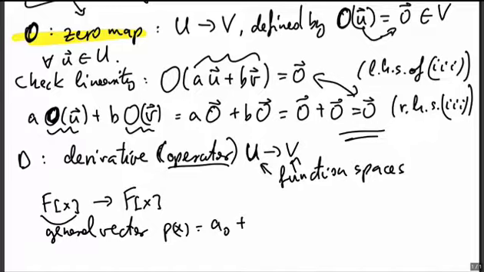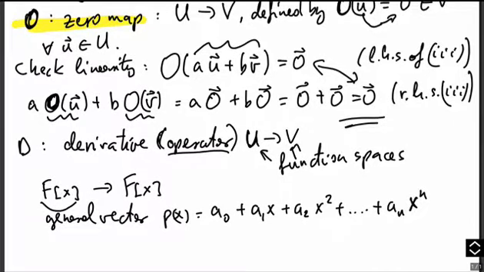So you might want to index them: a0 plus a1x plus a2x squared. It's supposed to stop at some point, but we don't know when it stops, so in general we use the n for the nth degree polynomial.